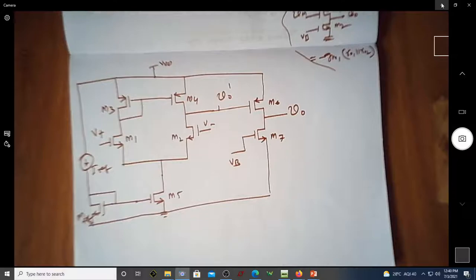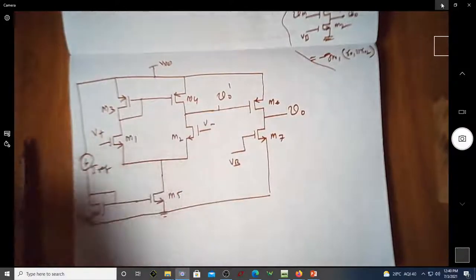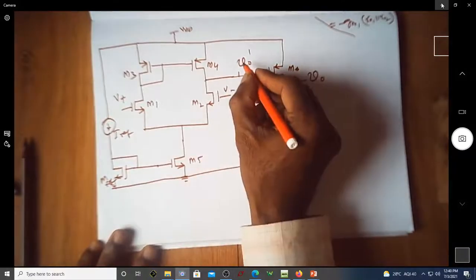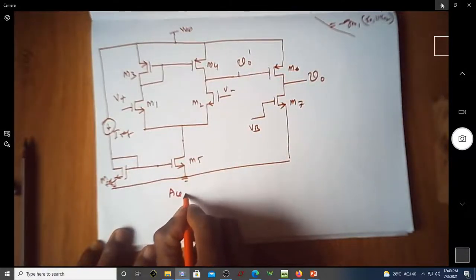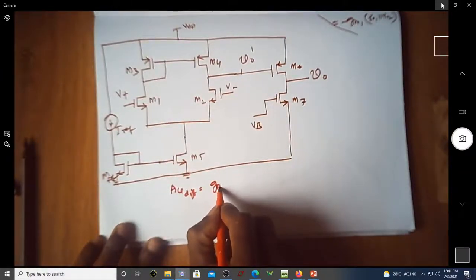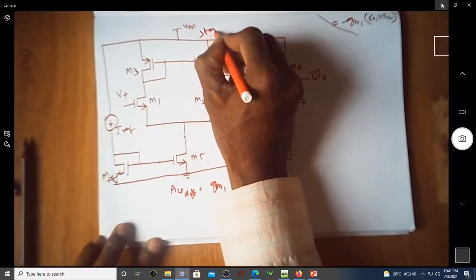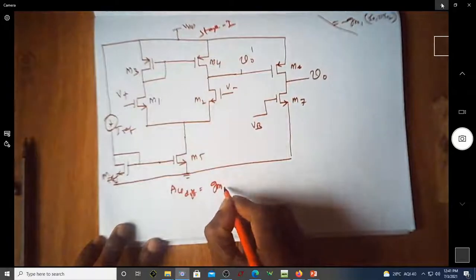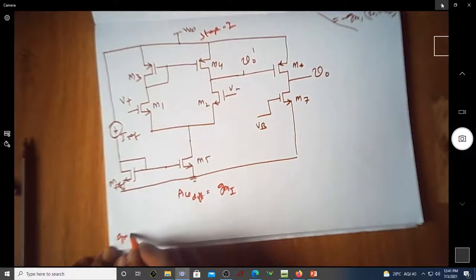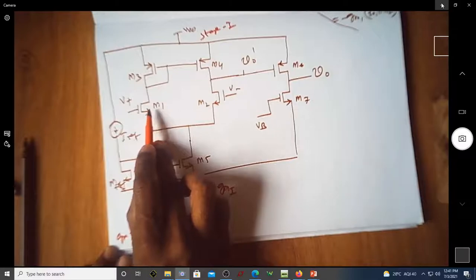From our earlier studies, we know the gain of this differential amplifier. If you are writing the AV of the differential amplifier for this particular circuit, it is actually GM1, supposing this is stage 1, where GM1 is equal to the transconductance of the M1 transistor or M2 transistor.